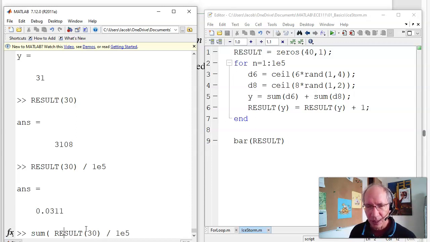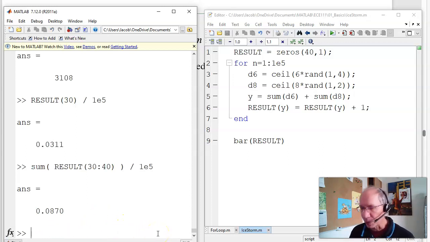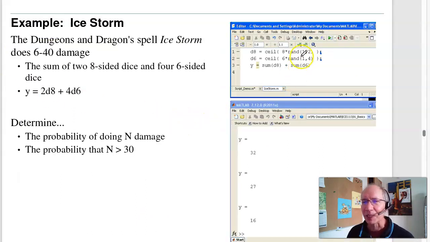Go from 30 to 40. So this is how many times it did 30 damage, 31, 32, add them all up, divided by how many times I rolled the dice. There's an 8.7% chance that I killed that orc that has 30 hit points with my Ice Storm spell. Again, that's a really tough orc to have 30 hit points.